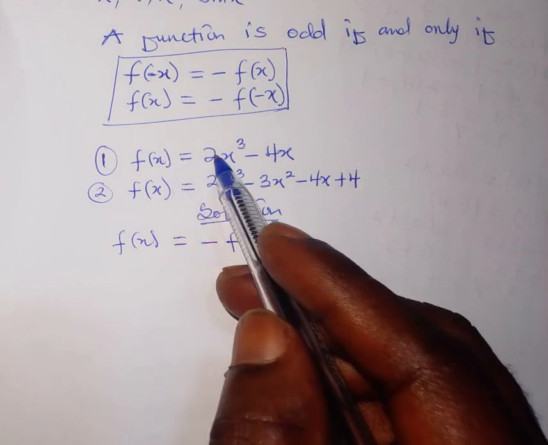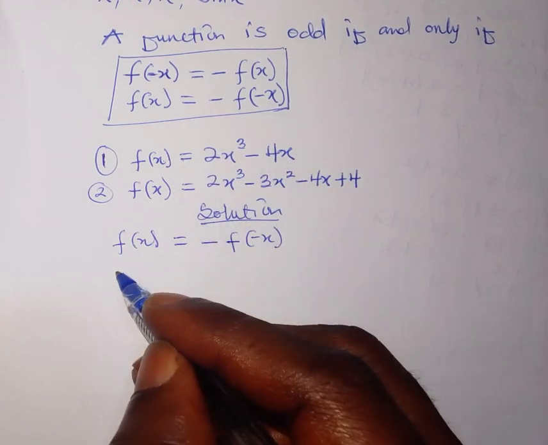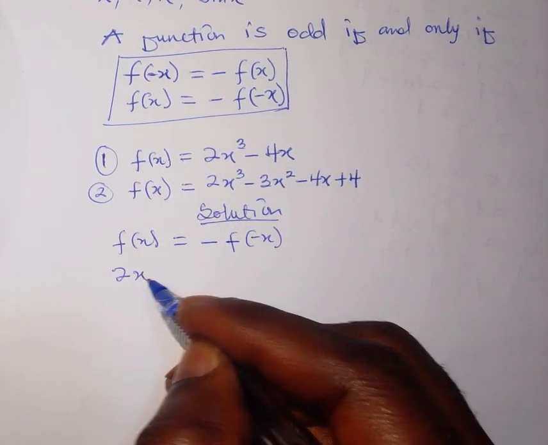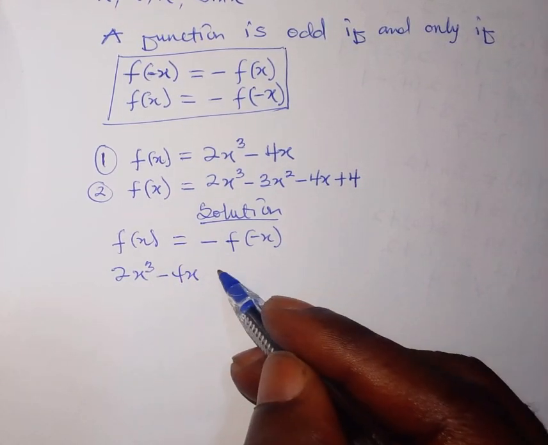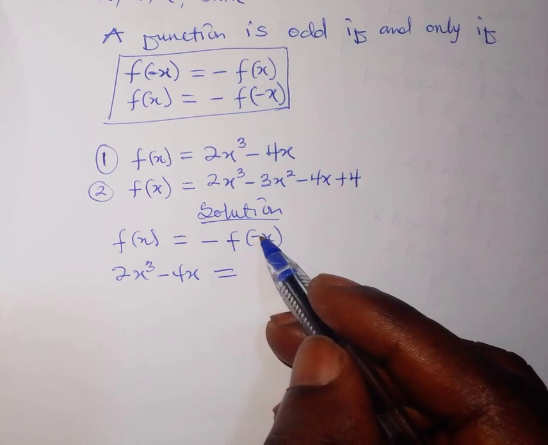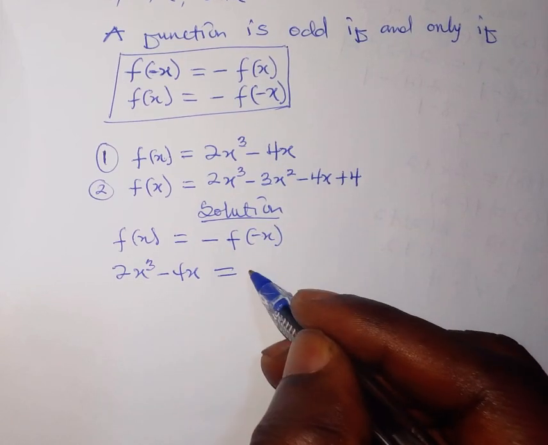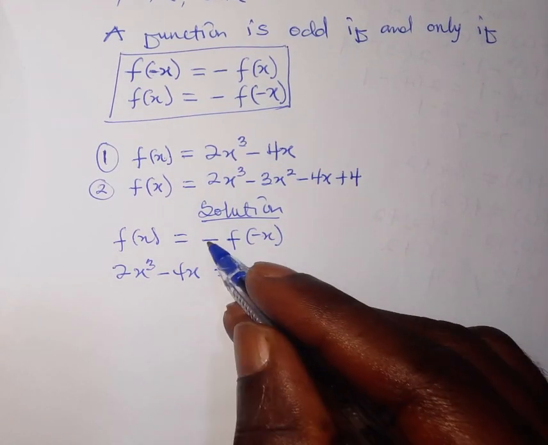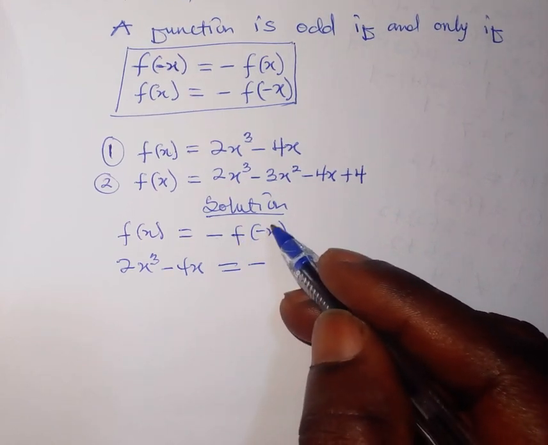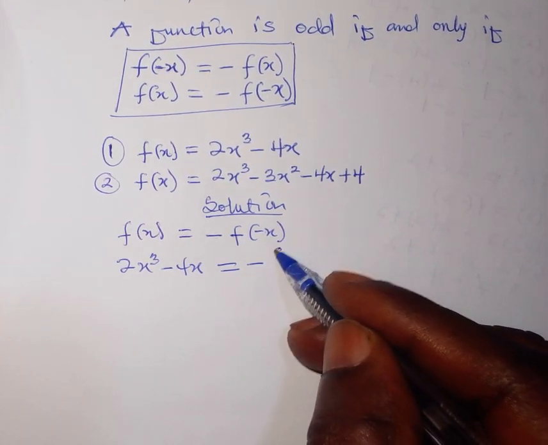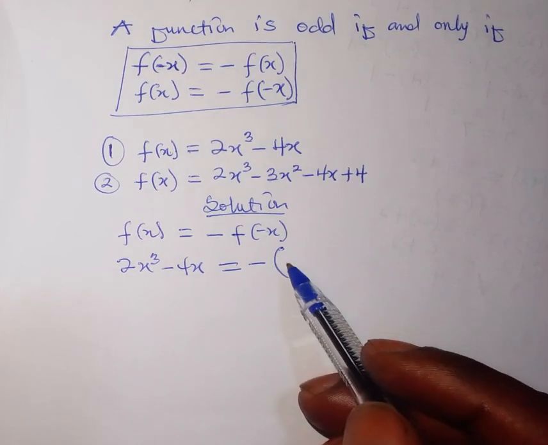So I'm going to compare this one here. I will write it here like this, minus 4x, which should be equal to, so I'm going to put this here. So the negative will come, because it said I should negate the whole function when I substitute negative x. Okay, so this is what is going to happen.